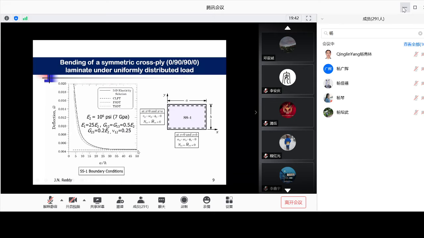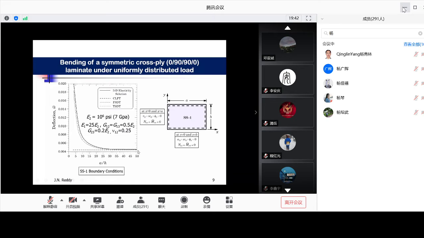For this problem, you can cook up the 3D elasticity solution also because of the special case of simply supported. So you can see the 3D elasticity solution is the solid line, and the third order theory comes very, very close to the 3D elasticity, followed by the first order shear deformation theory.